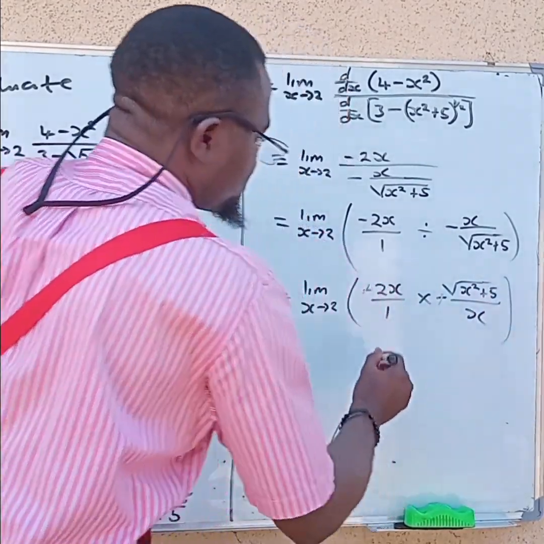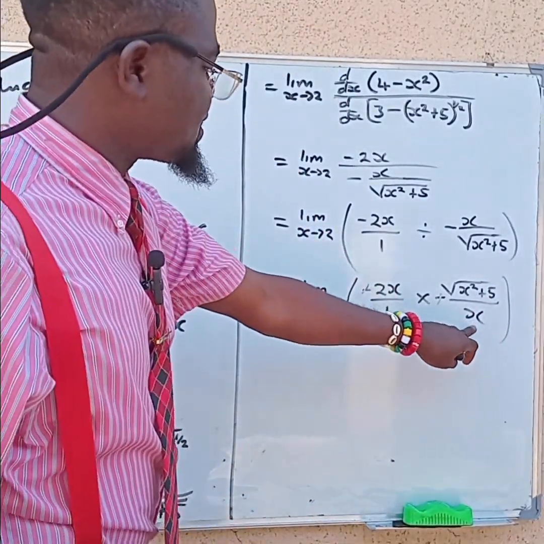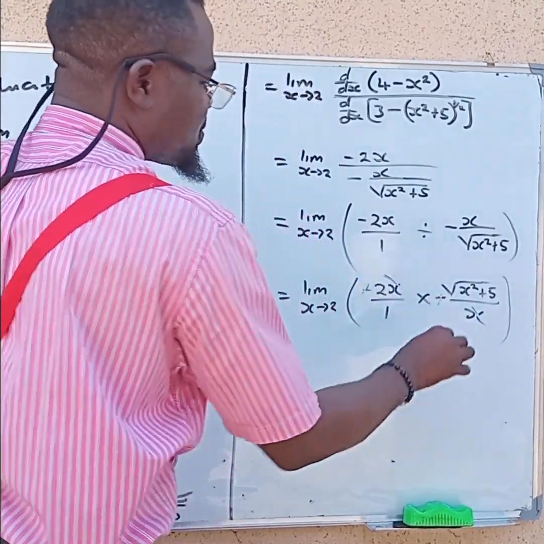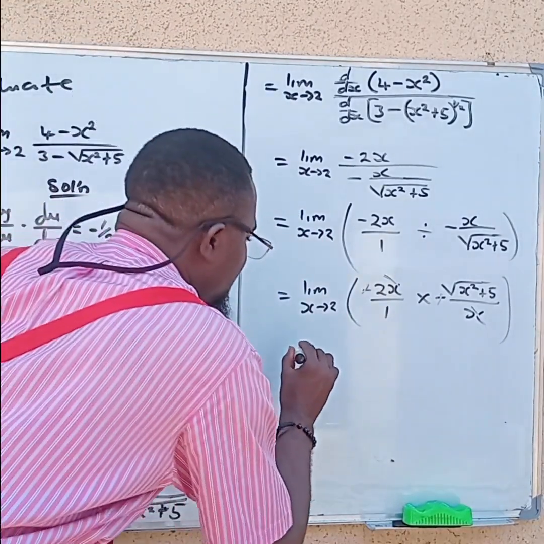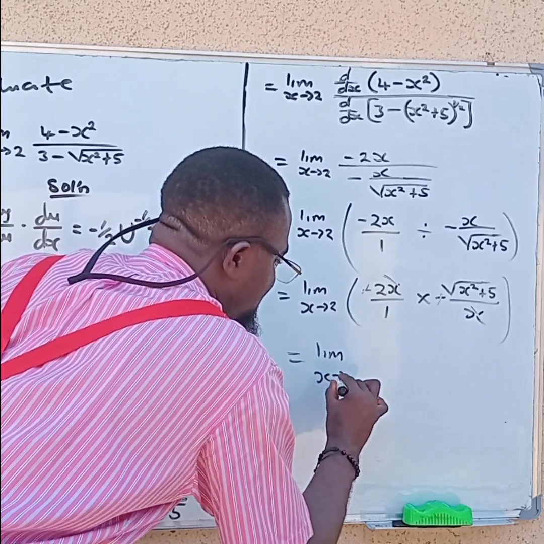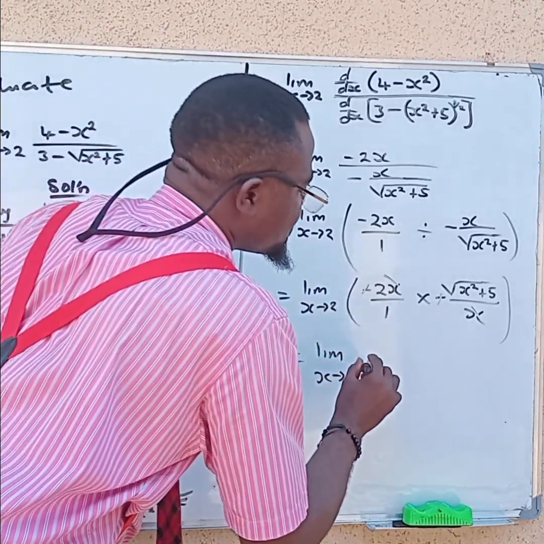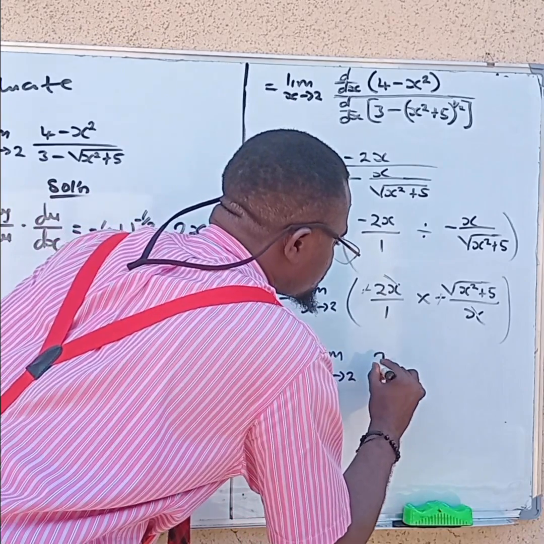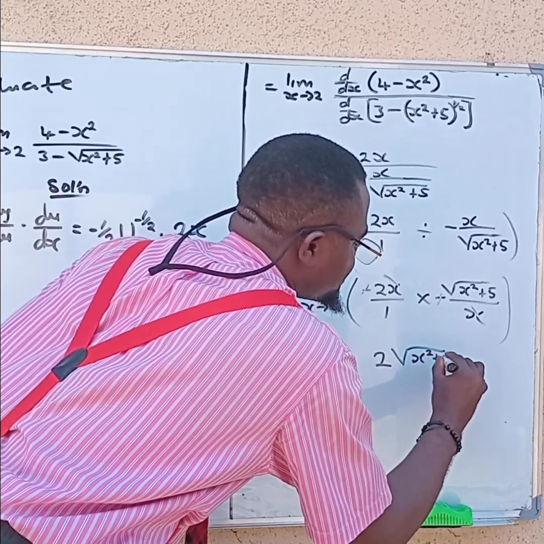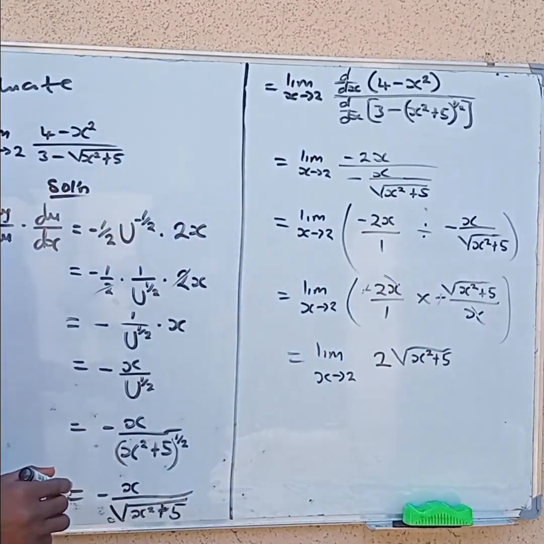So we now have what to have next. And this x also will take care of this x. So what we now have is the limit as x tends to 2 of 2 times the square root of x squared plus 5. Right?